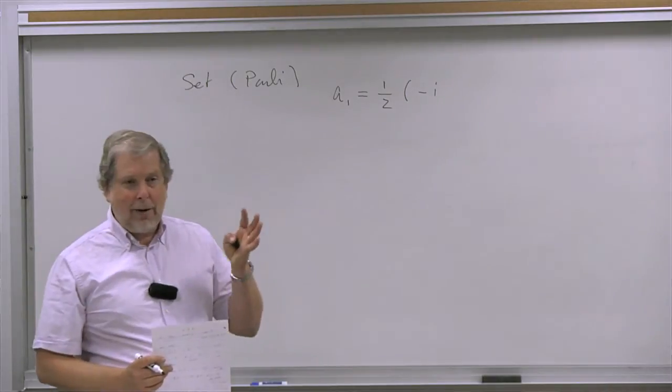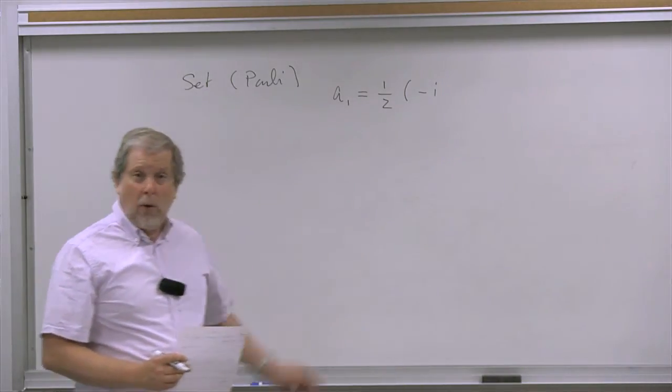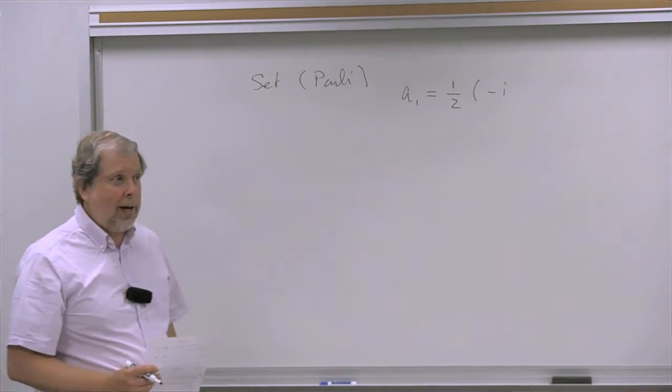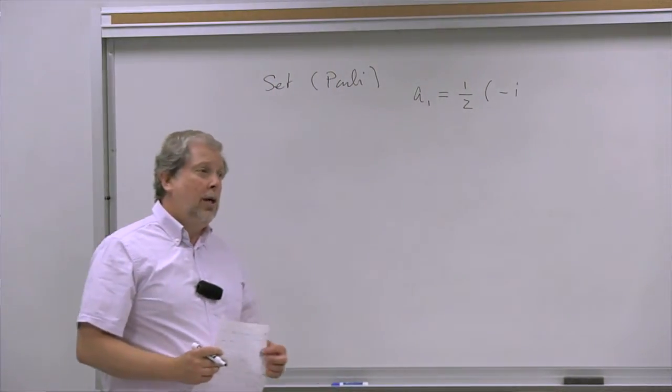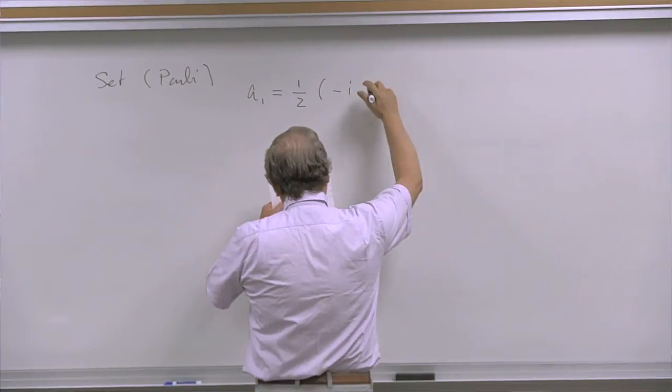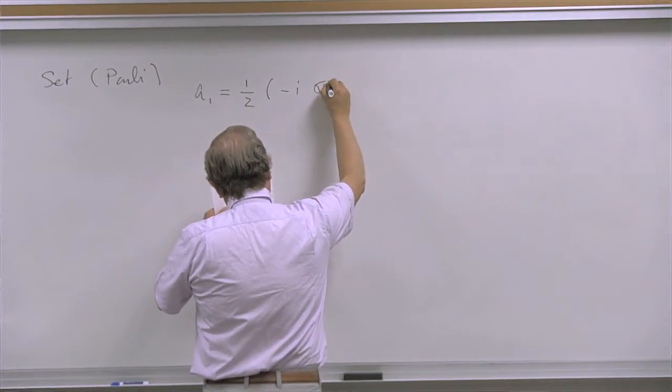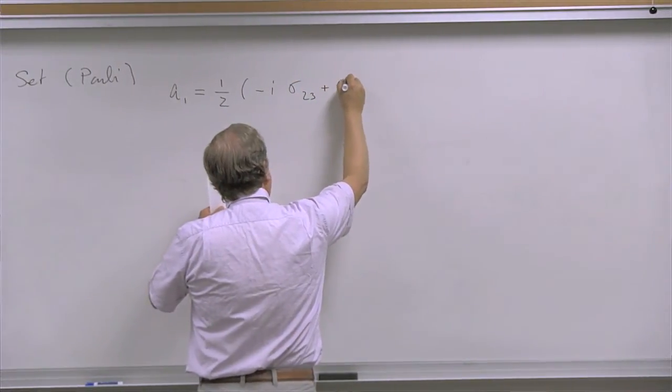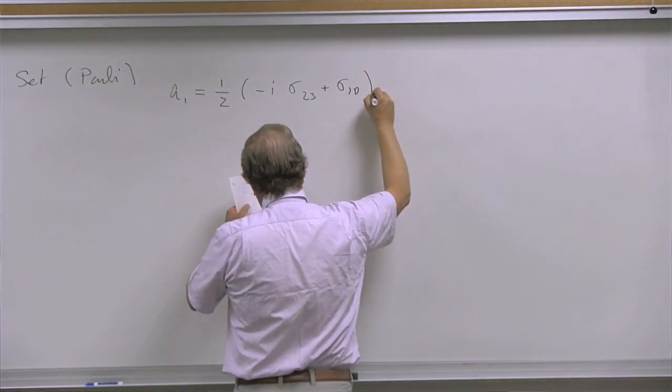Otherwise, the graduate quantum mechanics argument goes out the window. So he knew that he was trying to get an angular momentum out of it, so he tries all sorts of linear combinations: minus i sigma 2,3 plus sigma 1,0.